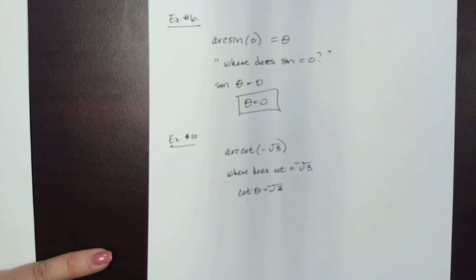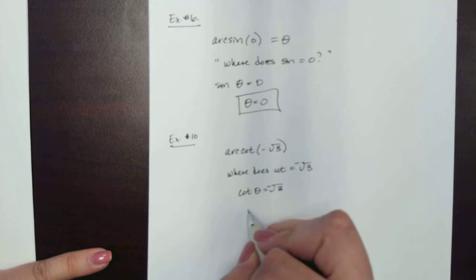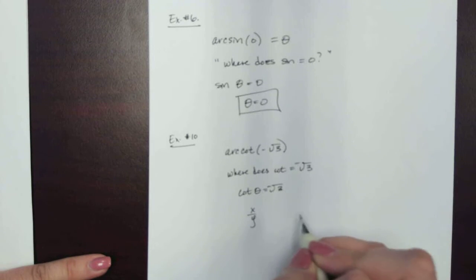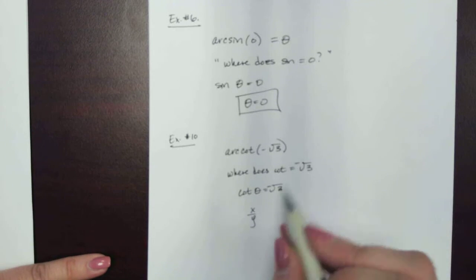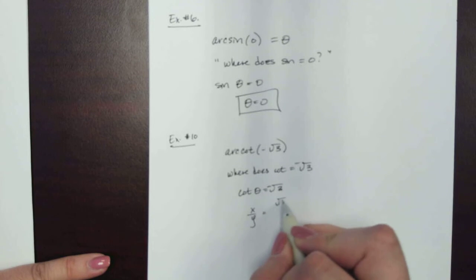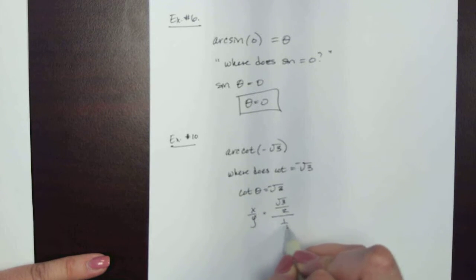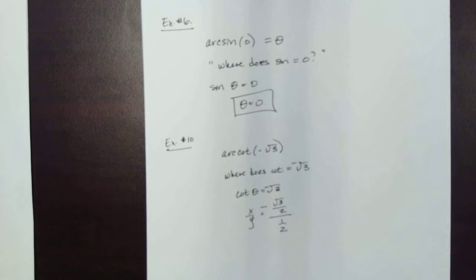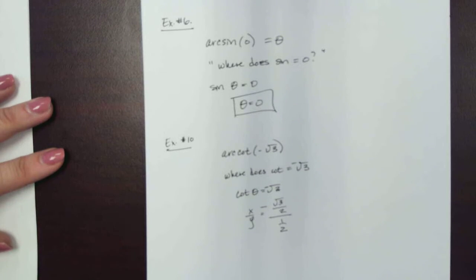Cotangent is cosine over sine, so that means x over y would have to be square root 3 over 2 all over 1 over 2, and it has to be negative. So either x has to be negative or y has to be negative. Cotangent is only valid in quadrants 1 and 2, so the range is 0 to pi. It has to be in quadrant 2.